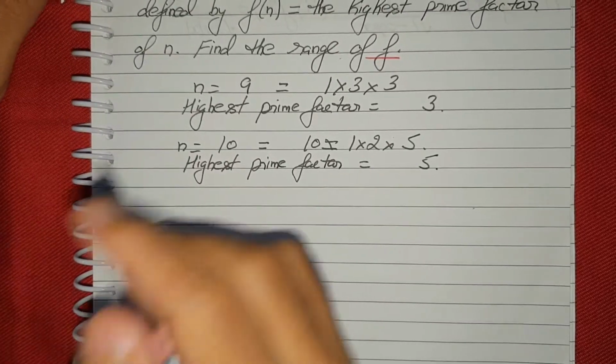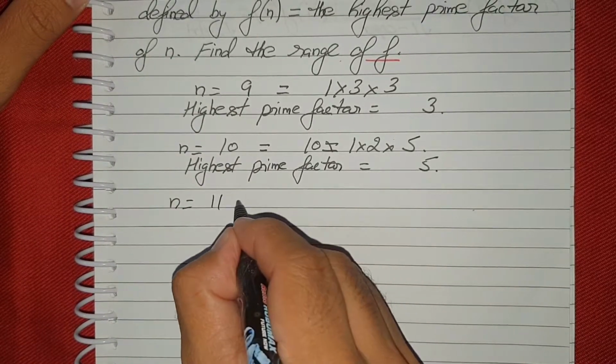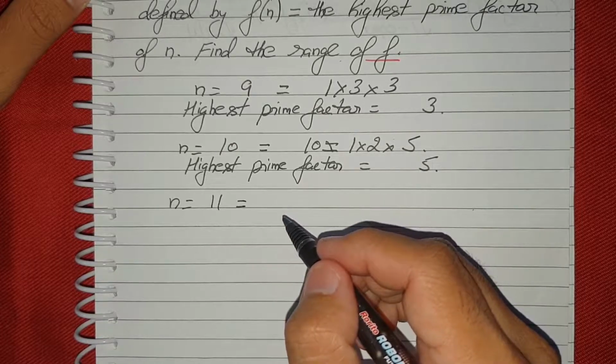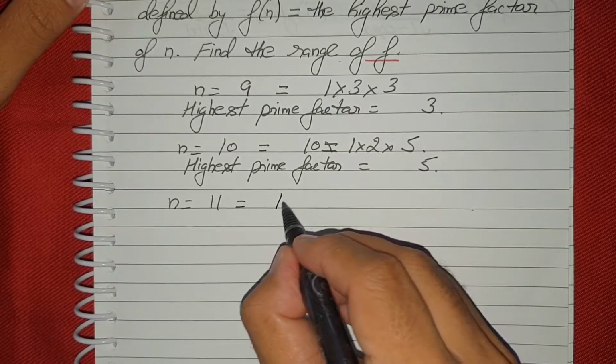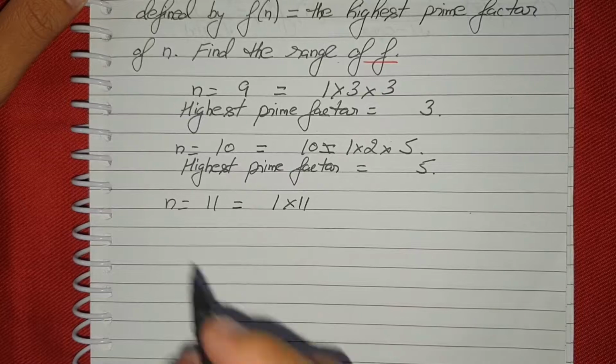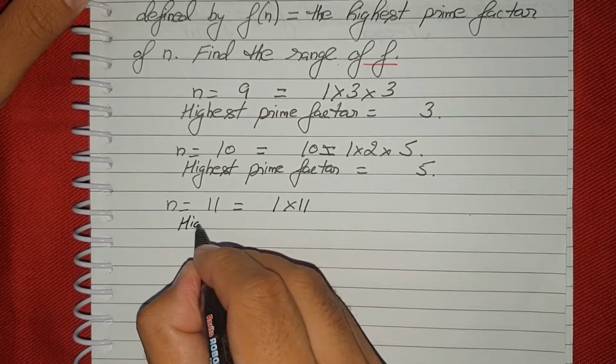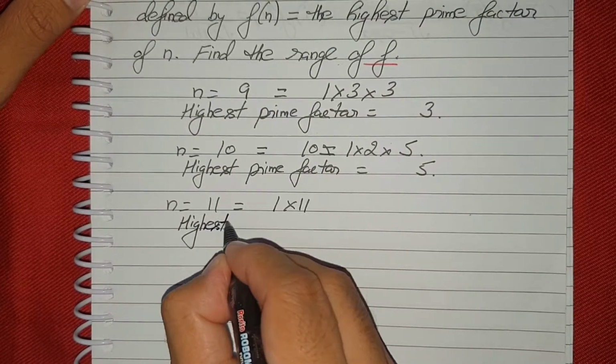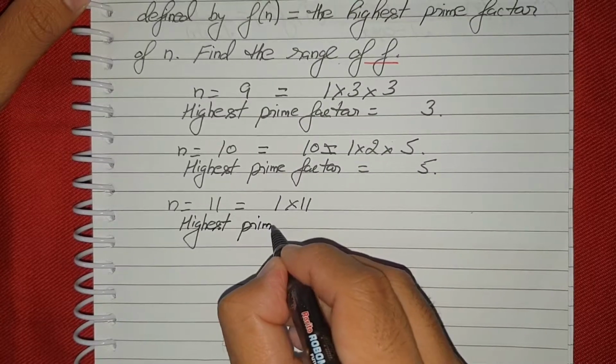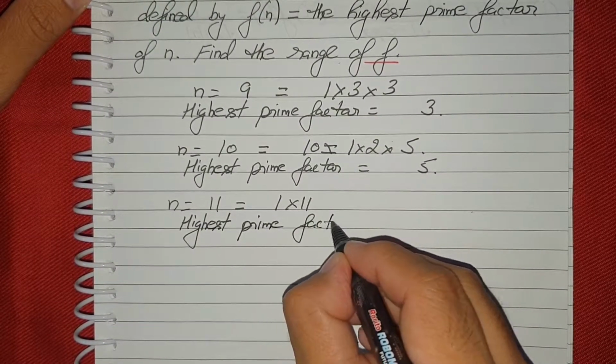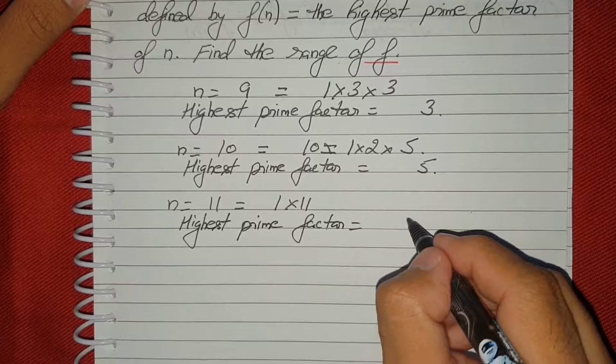For n equals 11, it is 1 into 11, so the highest prime factor equals 11.